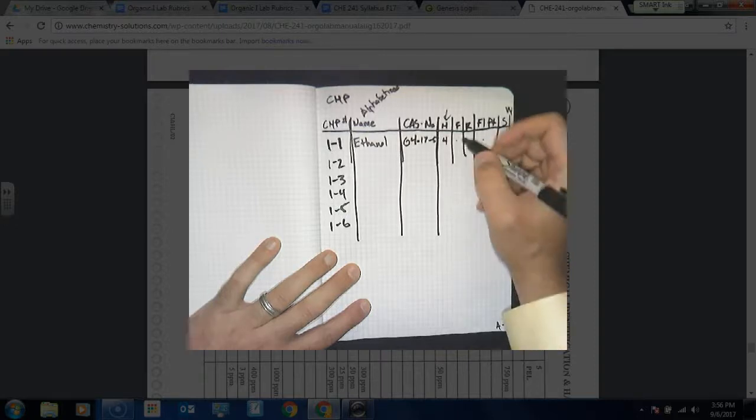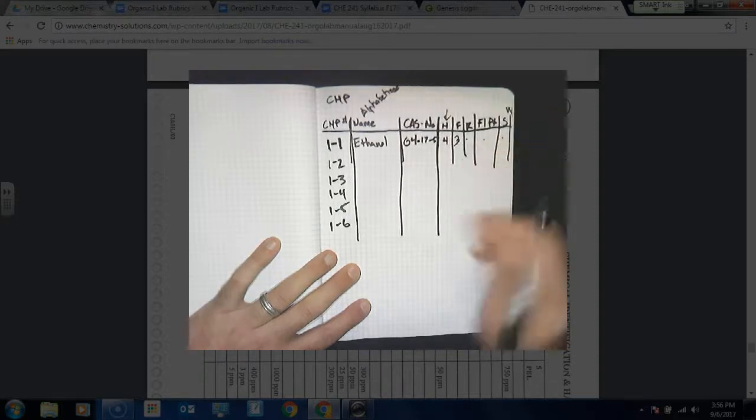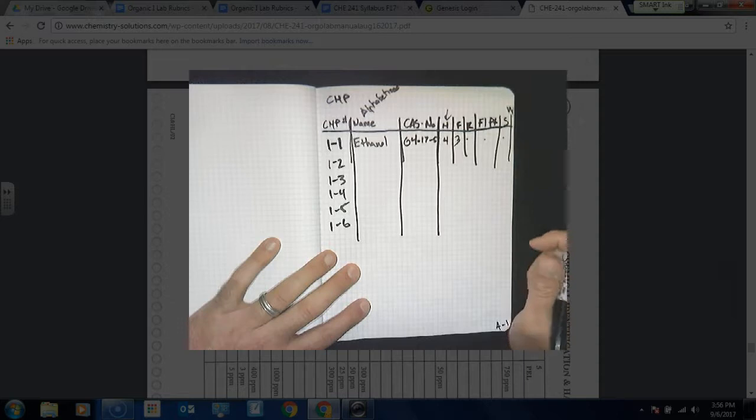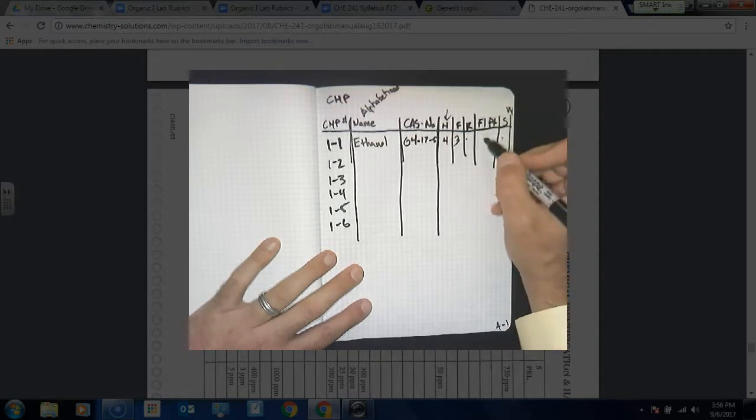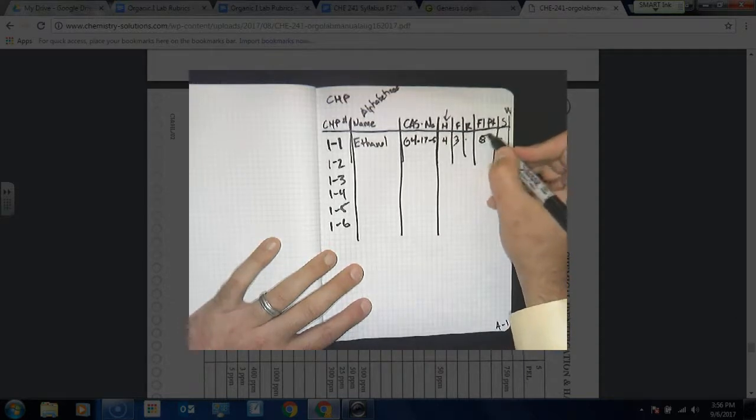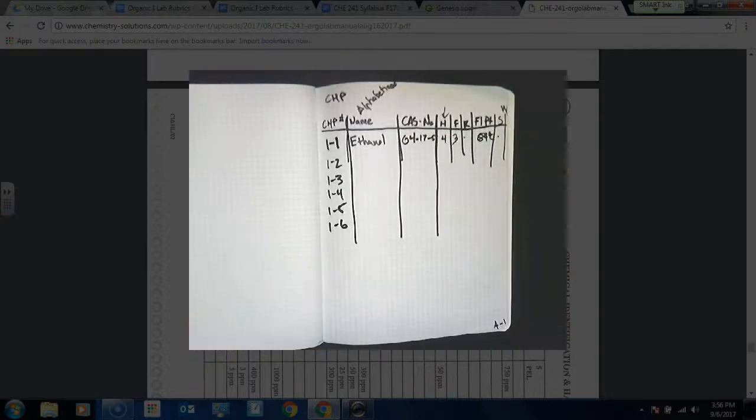Okay, if this has a flammability of 3, that thing is going to catch fire all over the place. Okay, if the flash point of something is like 54 degrees Celsius, that's really low, and we should probably be careful of what we're using here. Okay, so that's really what we're dealing with.